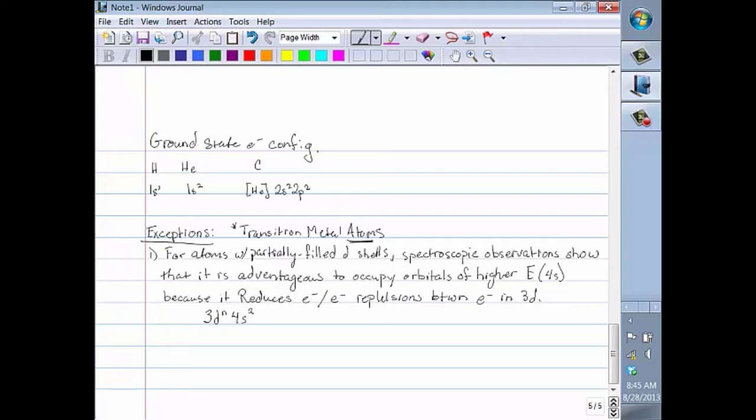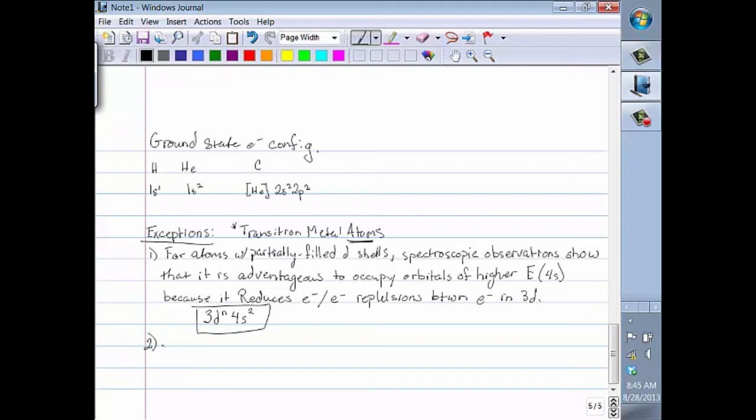I don't care how you do it. I think it's useful to write 3d first to remind myself that it's lower in energy, but it's okay if you want to write it the other way. Our trend holds, and this is the same way you learned it in general chemistry: the 4s2 orbital does in fact fill first, but it's not because it's lower in energy.